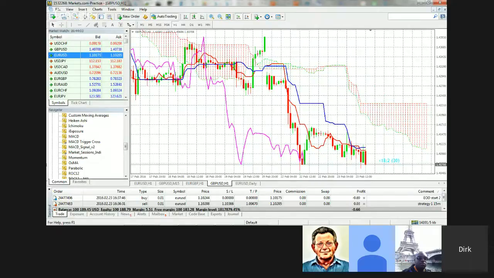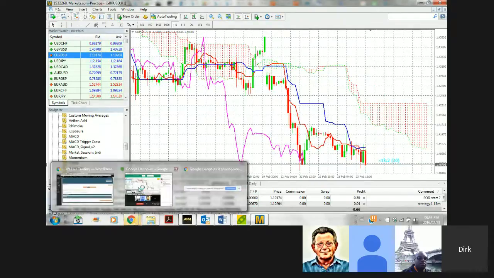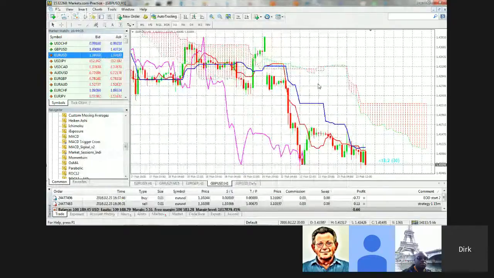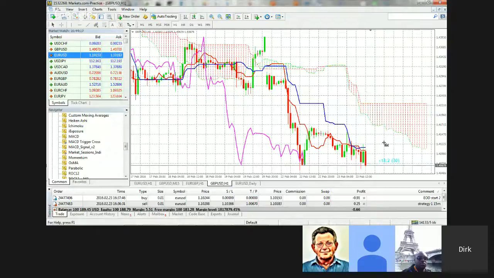Okay, so that's how we'd go about loading the Ichimoku specifically. Right. Now, the different lines that we're looking at: if you look closely, you can see that we've got a little bit of a green dotted line running at the bottom here, and then a red dotted line running at the top here.